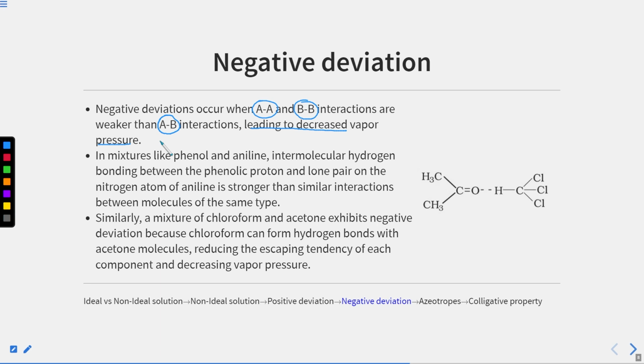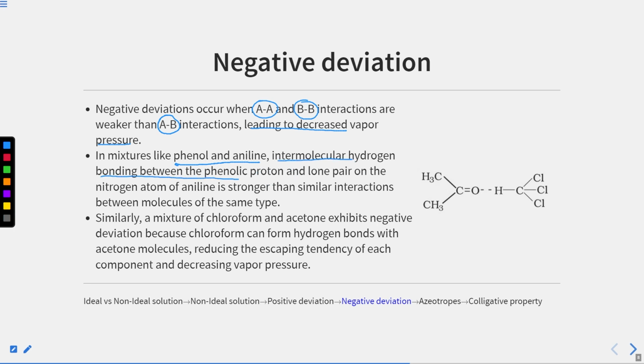Hence they show negative deviation, because the density of vapor that was forming initially in the pure form has now been reduced due to greater interaction between A and B.